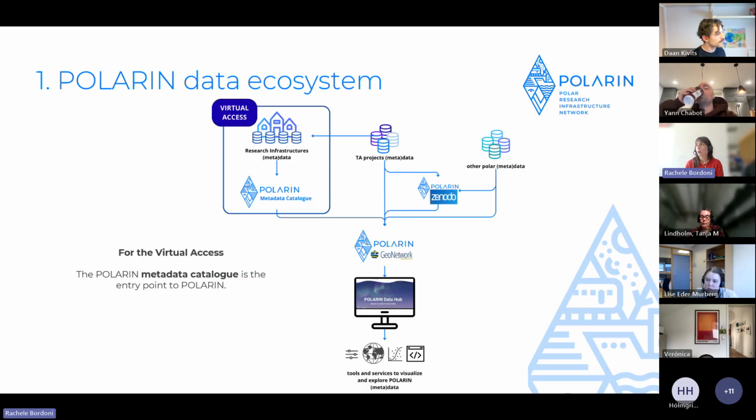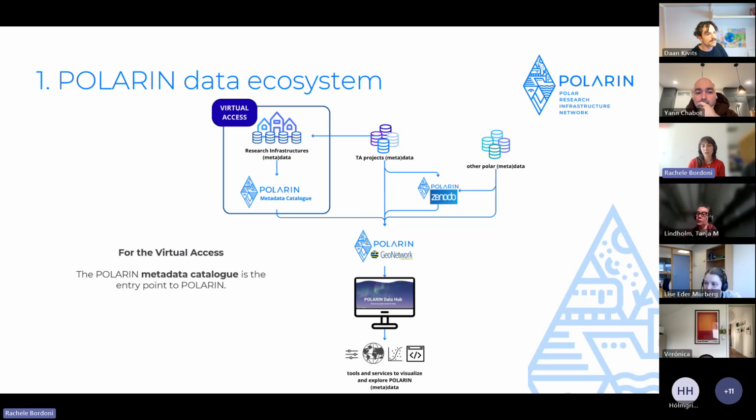So first of all, as you can see here, this is the most simplified way to see how the data flow into POLARIN. We basically have three different sources. We have general polar data and metadata, metadata and data coming from the transnational access projects, and data and metadata coming from the research infrastructure.